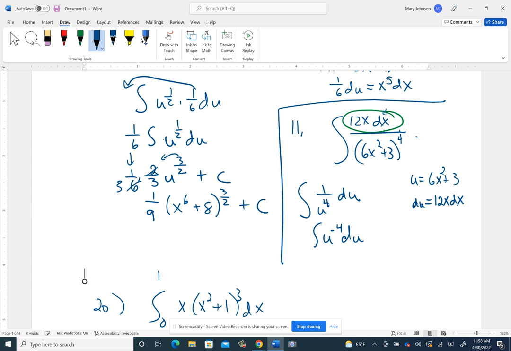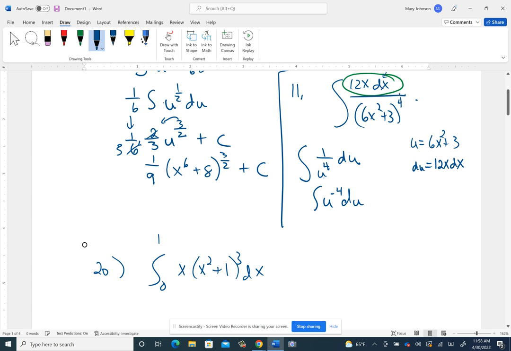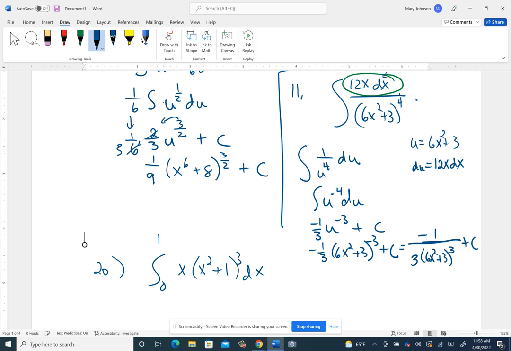Haven't integrated yet, so I'm keeping that integration sign on there. Now I'll integrate by adding 1, getting rid of that new exponent, and then a plus c. So that's basically it. All I've got to do is put the 6x squared plus 3 back in and write it, since it had a negative exponent, I'm going to put that back in the denominator with the 3 that came from 1/3, and then keep that plus c.